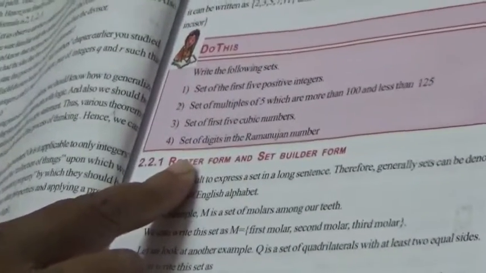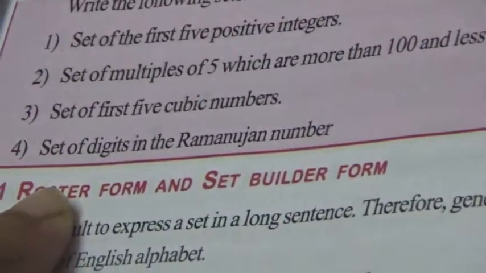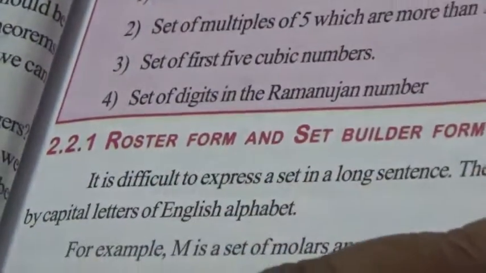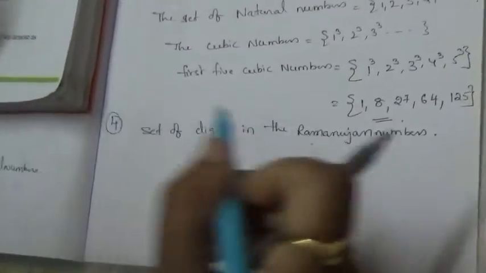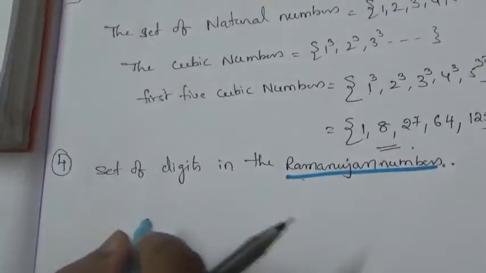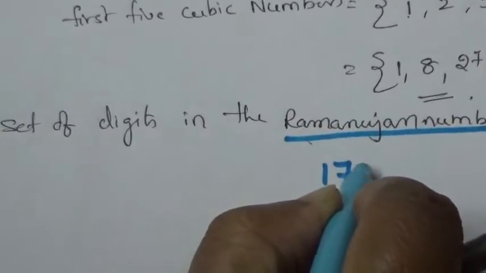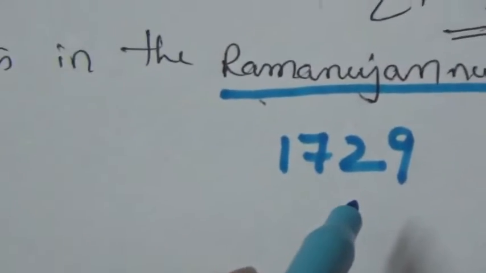And the fourth one, set of digits in the Ramanujan number. The Ramanujan number is 1729. This number we call the Ramanujan number. Why?